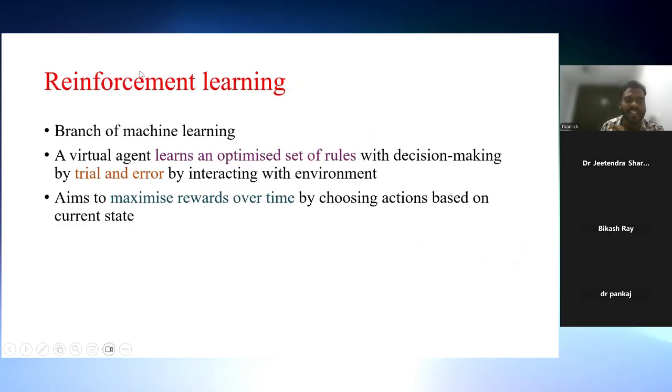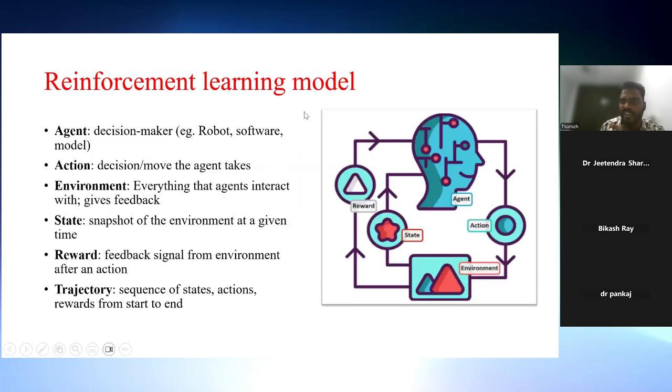Basically, with the reinforcement learning model, a virtual agent learns an optimized set of rules for decision making by trial and error, by interacting with the environment. The agent takes an action over the environment, which is basically a decision. From the environment, it assesses the state of the environment and also gets a feedback signal through a reward.